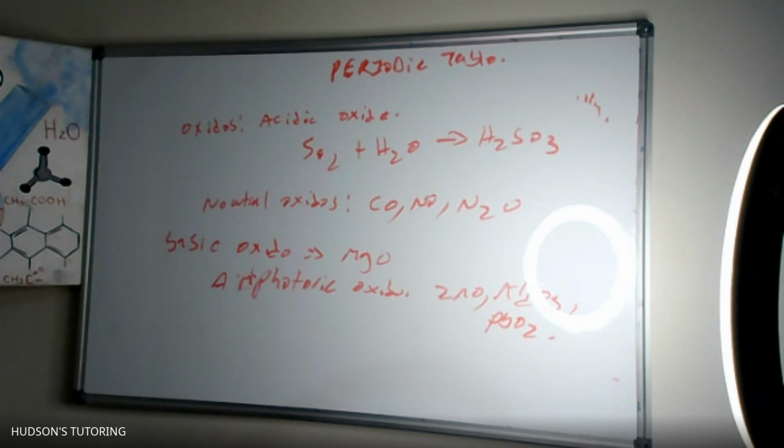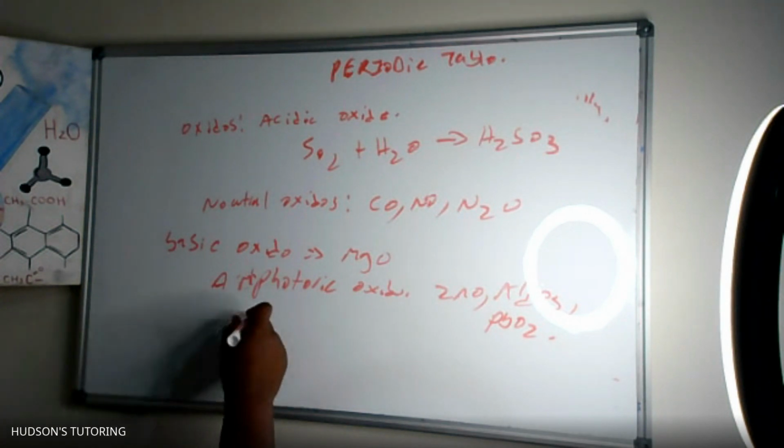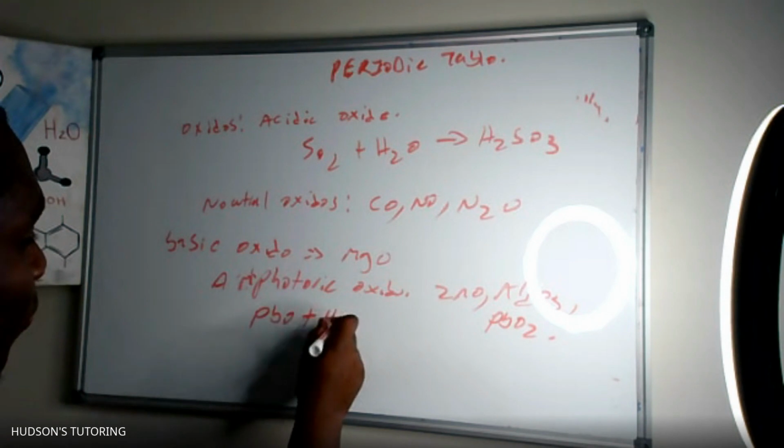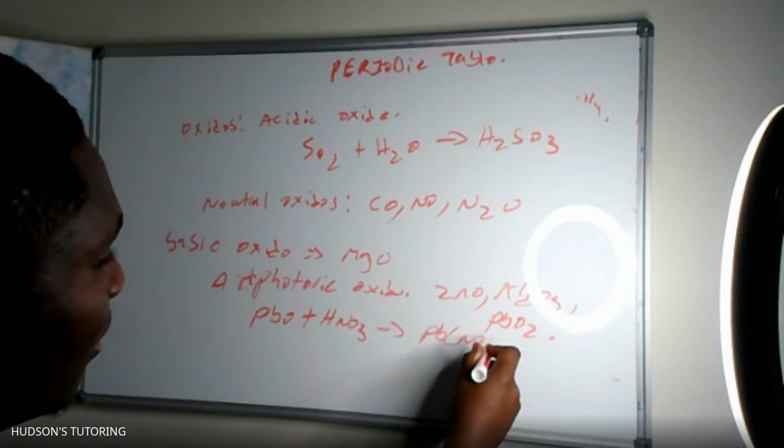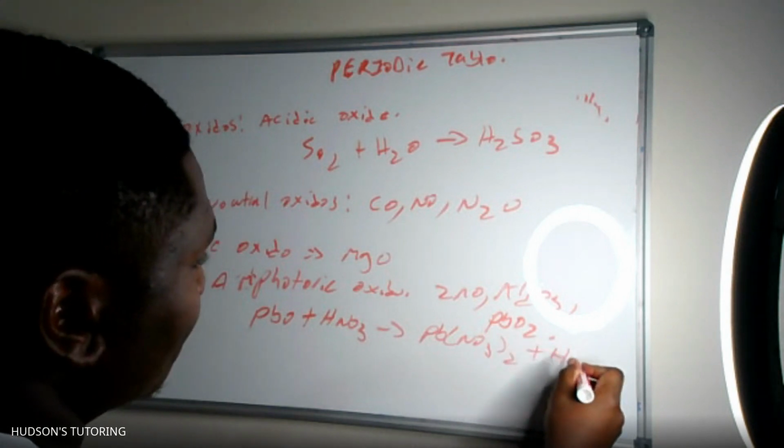Now, if it reacts with an acid, so if you have something like lead oxide reacting with HNO3, that's going to form lead nitrate and water, right?